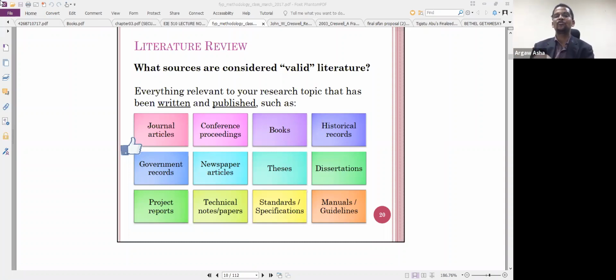Is that a cube test or a circular specimen test? What is the range to do? Such kinds of specifications are there. So whenever you are quoting those standard specifications, you can mention those cases. Then manuals and guidelines.